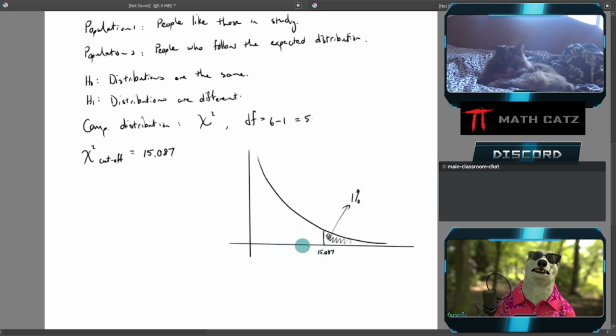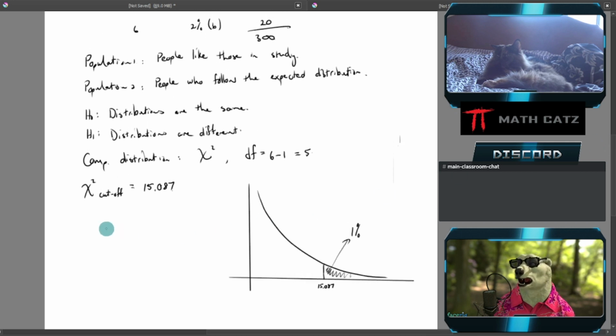So anything to the left of this cutoff value will be considered to have normal, natural fluctuations that do happen as I take samples. And anything past that will be considered so extreme that it suggests that these populations do not have the same distribution. Let me just scroll up.